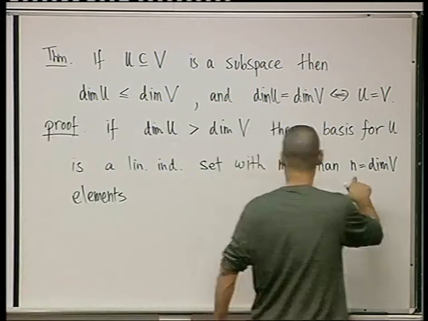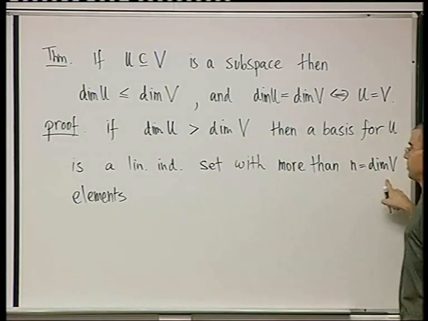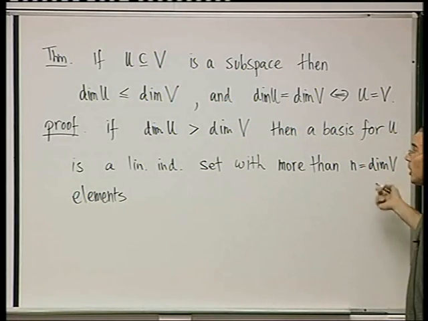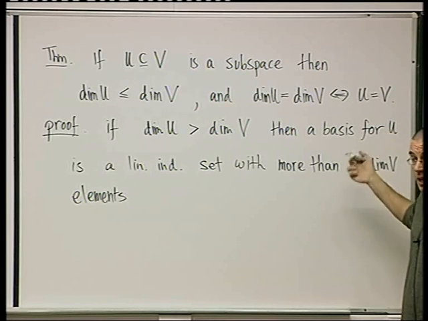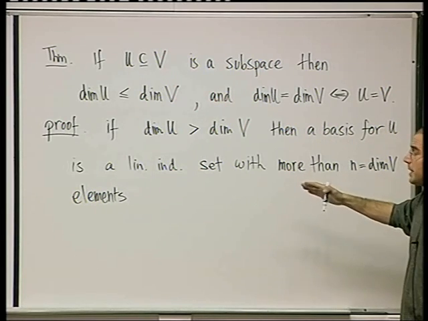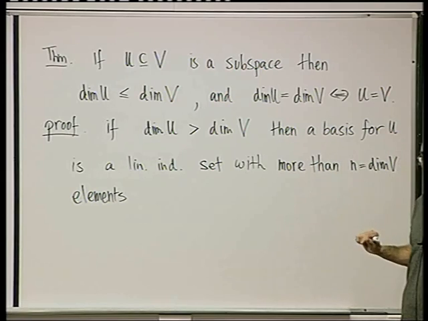Right? Because it has dim U, which is greater than dim V elements, and that cannot be. It's living inside V. We had a theorem. A linearly independent set could have at most n elements.